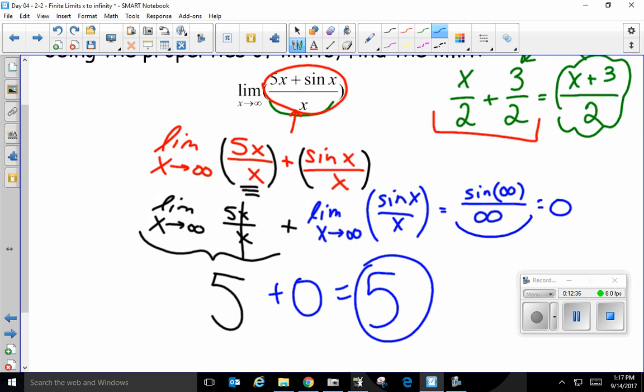Infinity at the bottom is just going to get bigger, bigger, bigger forever. Which means the bottom has to be growing at a faster rate than the top for it to be 0, doesn't it? The bottom gets bigger faster and the top doesn't. It's going to approach 0. So let's do this.